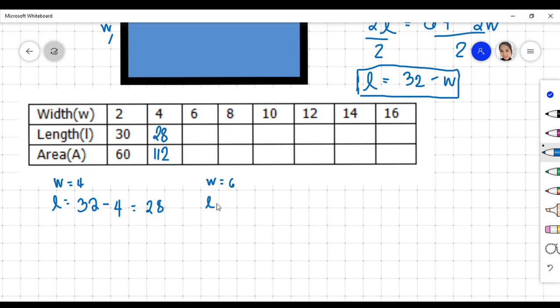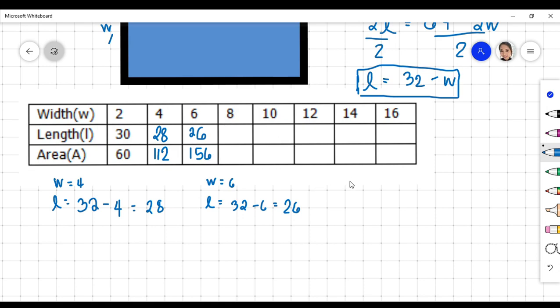Okay, next, how about if the width is 6? So length is equal to 32 minus 6. So that is equal to 26. So this is equivalent to 26. Then we have to multiply 6 and 26. So the answer is 156.